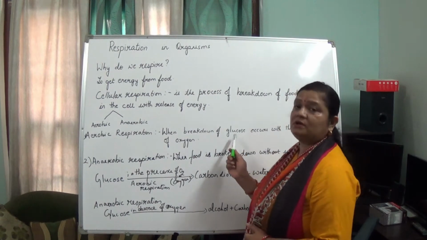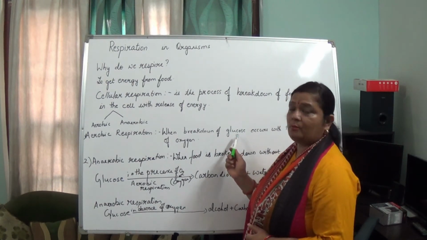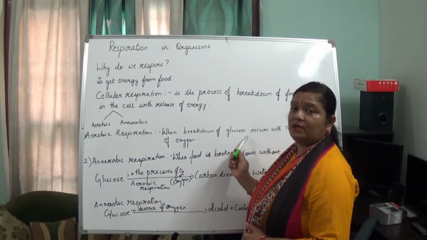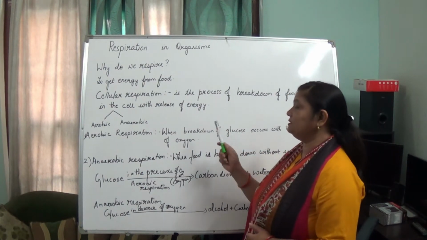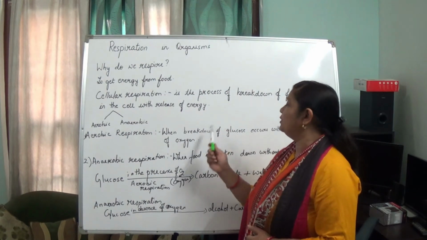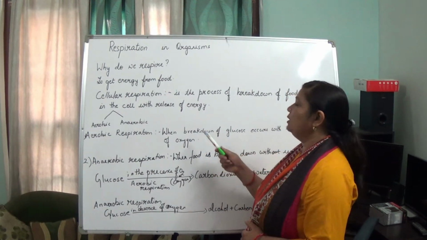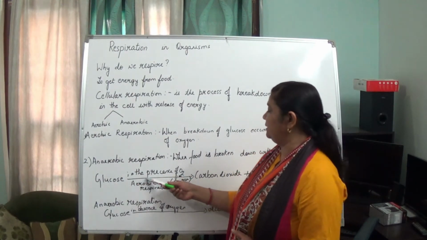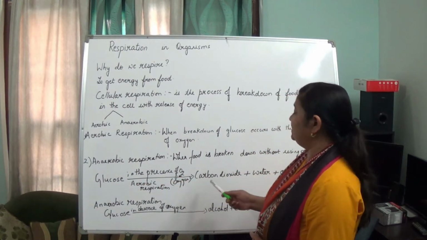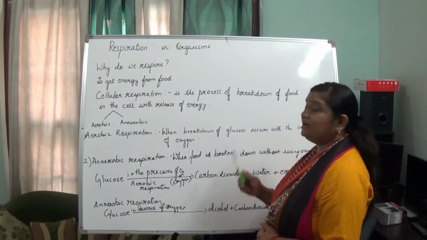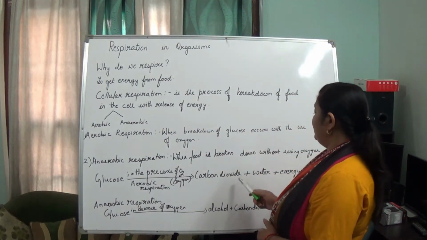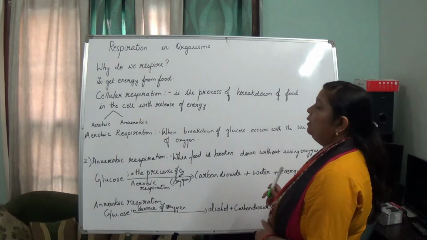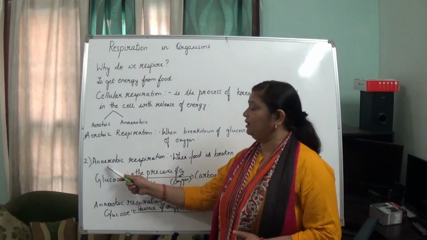Glucose is the simplified, digested form of the food present in the cells of the organism. So glucose in the presence of oxygen gives carbon dioxide, which you breathe out, plus water plus energy.